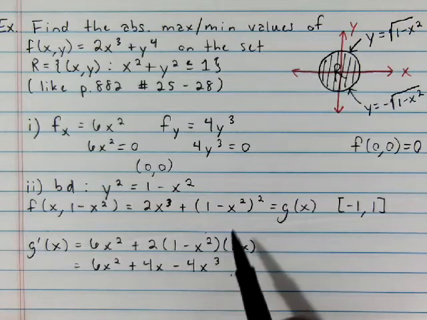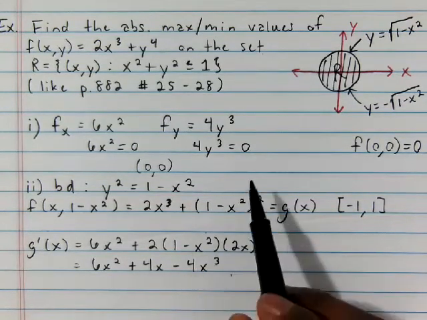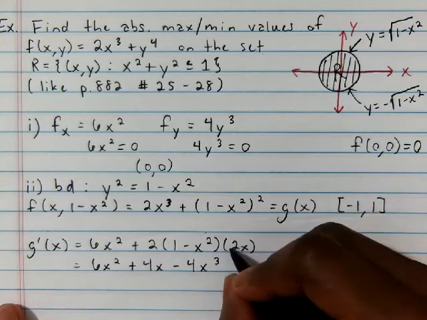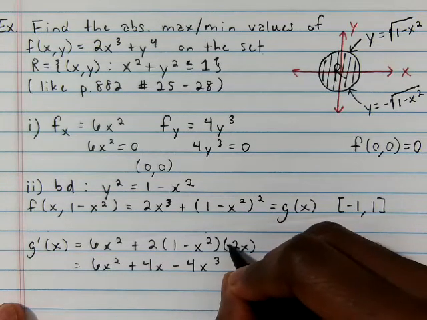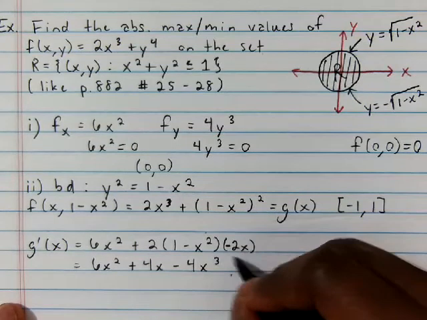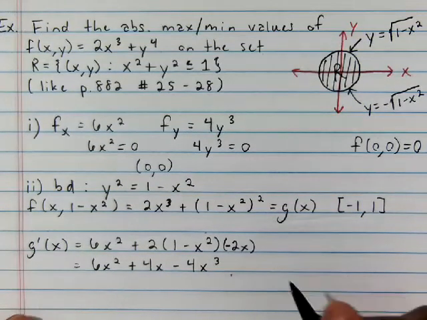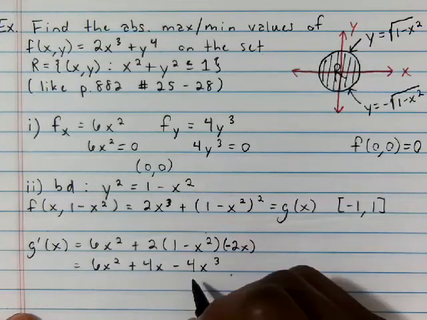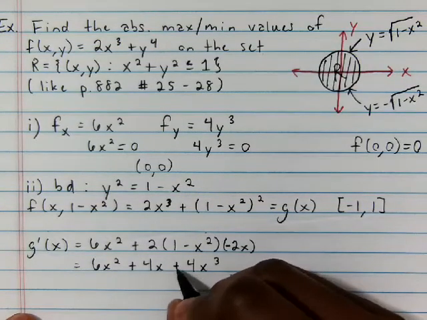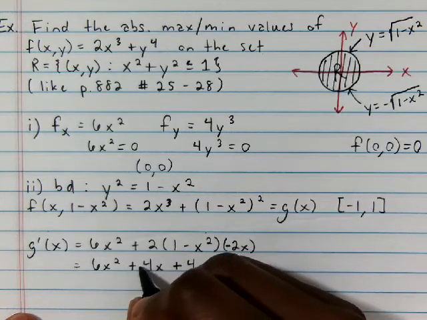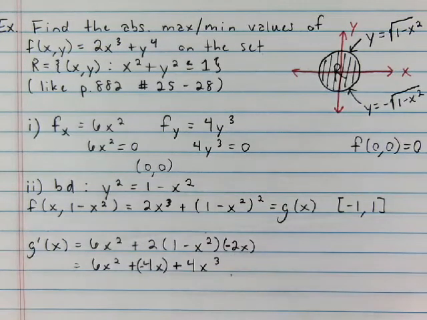That should have been a plus sign, which now changes that. That should be a negative right there then. So I'm going to put the negative 2x right there since I have a plus right there. And now that changes this to a positive 4x cubed. And this is a negative, so we're going to put plus a negative 4x.